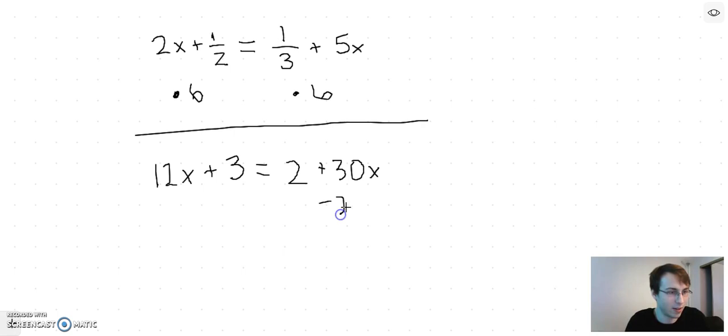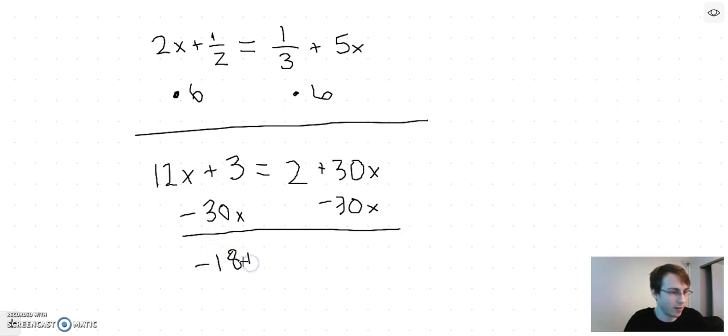So minus 30x, minus 30x. 12x minus 30x is minus 18x plus 3 equals 2. And then let's minus 3 to both sides.